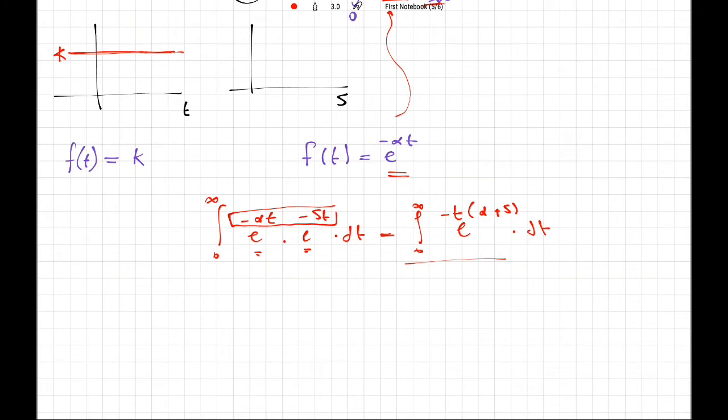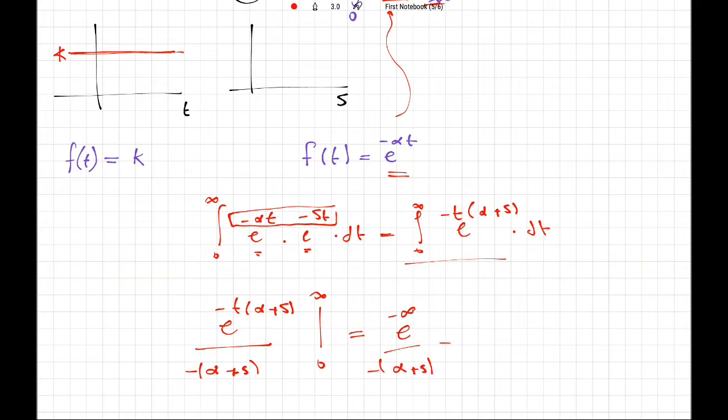Let's do the integration. e to the minus t alpha plus s divided by minus alpha plus s inside the brackets from 0 to infinity, and this will give us e to the minus infinity divided by minus alpha plus s, minus e to the 0 divided by minus alpha plus s.